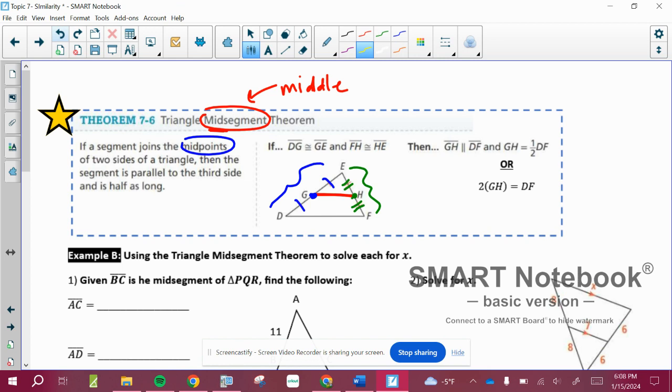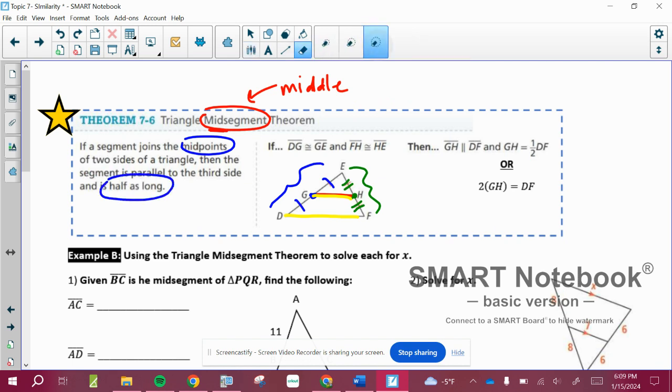So our theorem says that if we have a mid-segment, then the segment is parallel to the third side. So here's our parallel sides again, similar to the first theorem we did. But if this is a mid-segment, then that mid-segment is half as long as the third side.